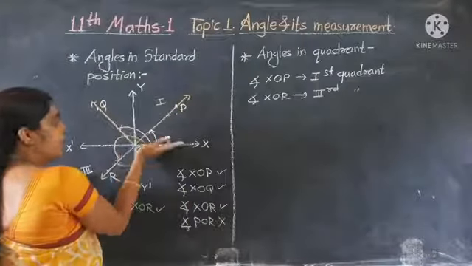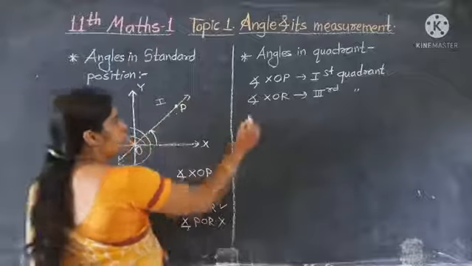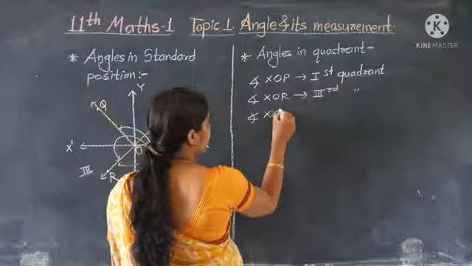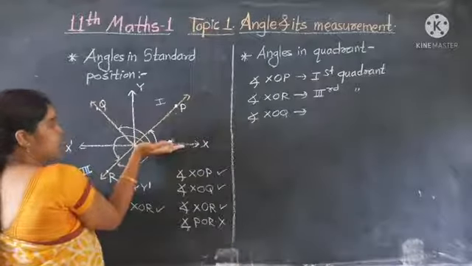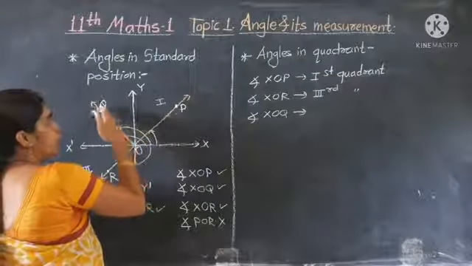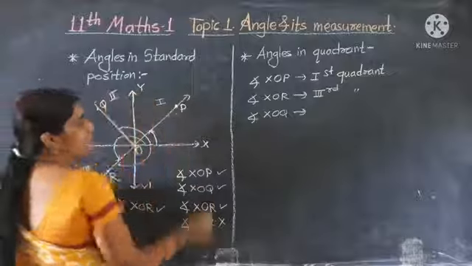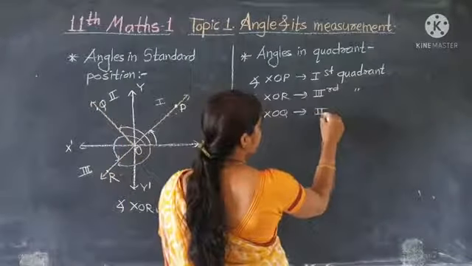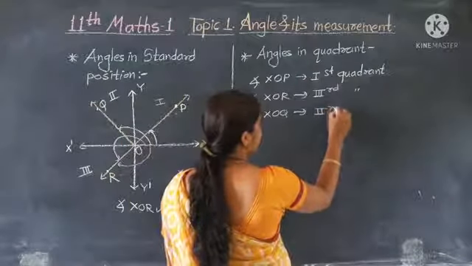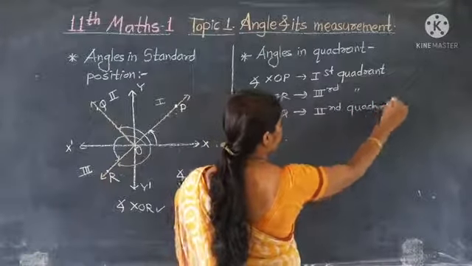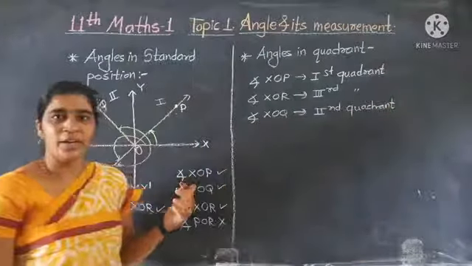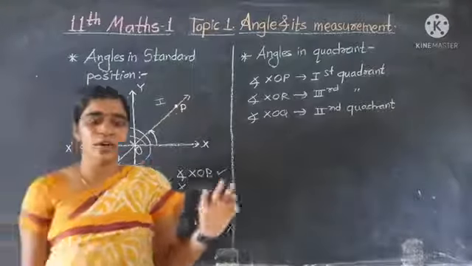Similarly, directed angle XOQ. Its initial arm is OX and final arm is OQ. It lies in second quadrant. So this angle lies in second quadrant. Okay, understand? Angles in quadrant.